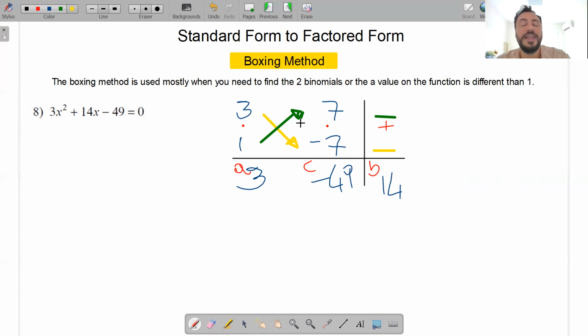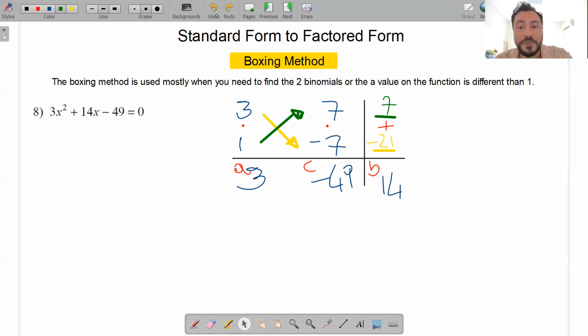3 multiplied by negative 7 will give us negative 21. 1 that multiplies 7 will give us 7. Negative 21 plus 7 won't give us 14, but it will give us negative 14. So this order of information is incorrect. What we do here is just switch some information.